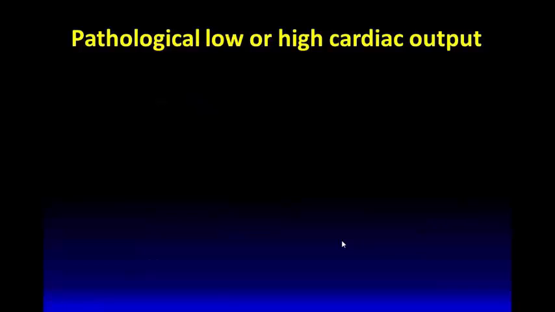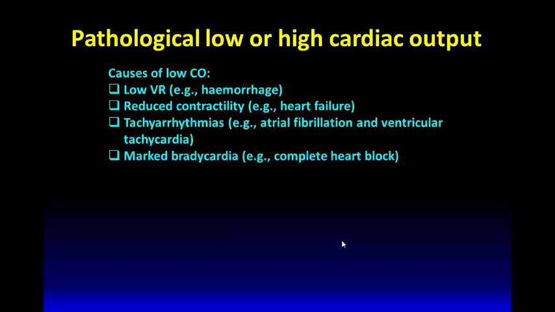We might have pathological changes in the cardiac output. Some conditions might result in pathologically low cardiac output, or they might result in an increase in the cardiac output. The causes of low cardiac output include low venous return, as in hemorrhage, or reduced myocardial contractility, as in heart failure, or when there is a tachyarrhythmia, like atrial fibrillation with fast ventricular response, or ventricular tachycardia.